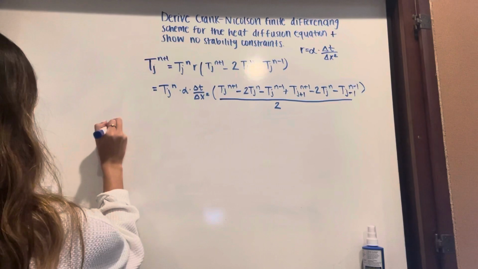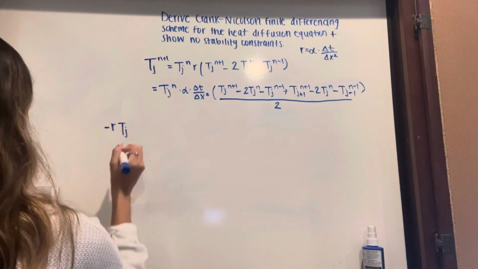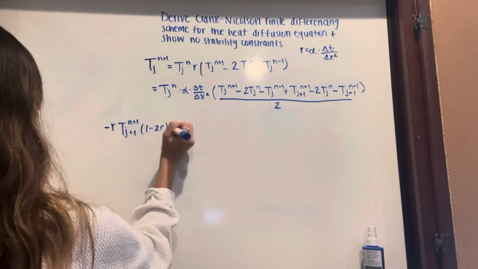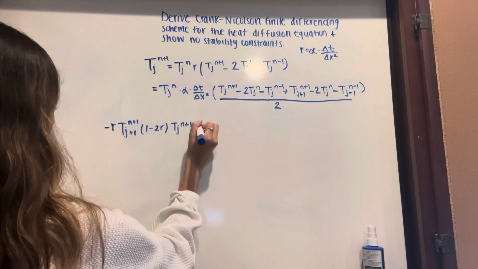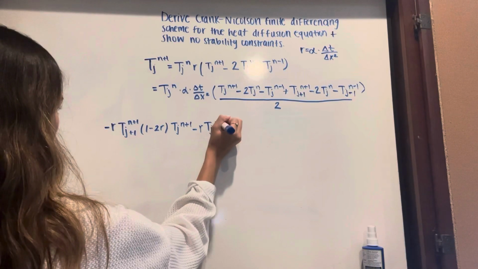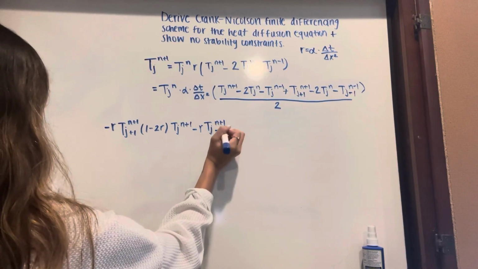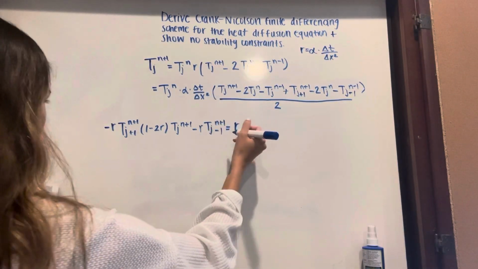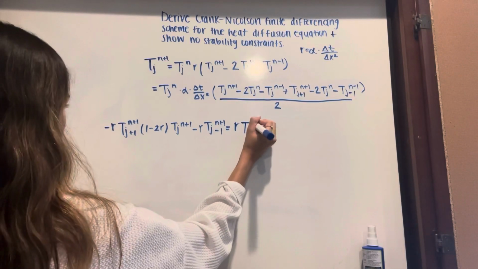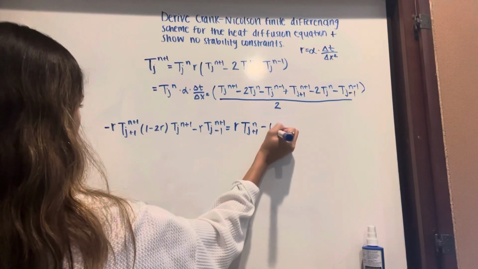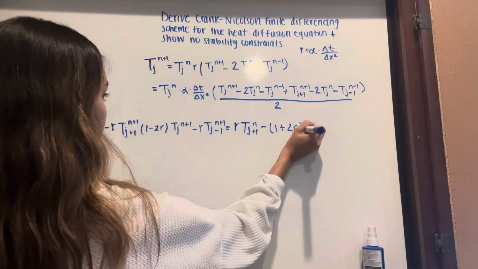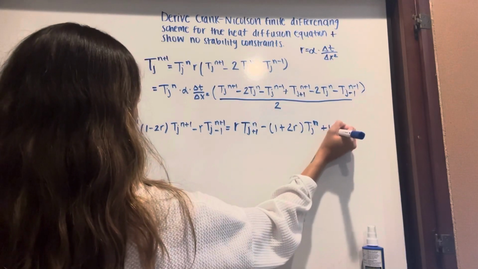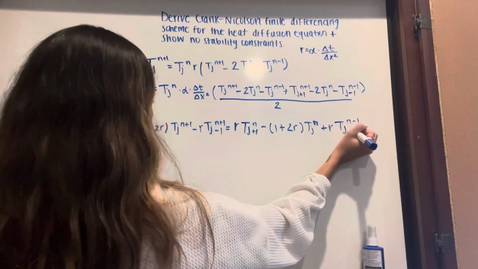So we're going to write this like negative R Tj n plus 1 position plus 1, minus 2R Tj n plus 1, minus R Tj n plus 1 position minus 1, and set that equal to the right side, which is just going to be R times T at time n, position plus 1, minus 1, plus 2R times the initial position and time of our temperature, and n plus R times T at n, position minus 1.